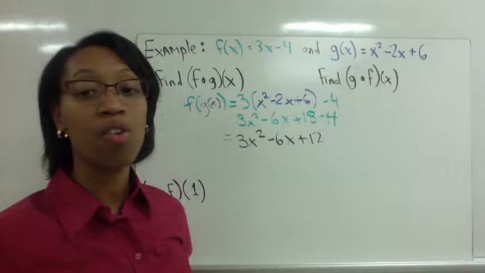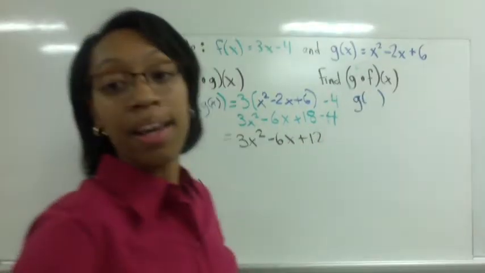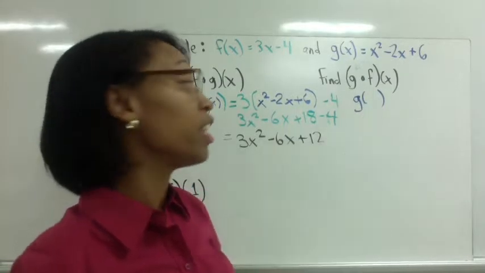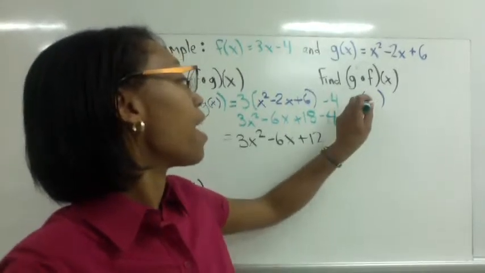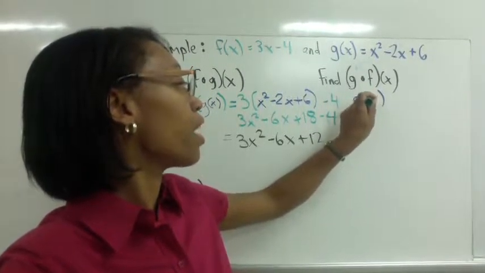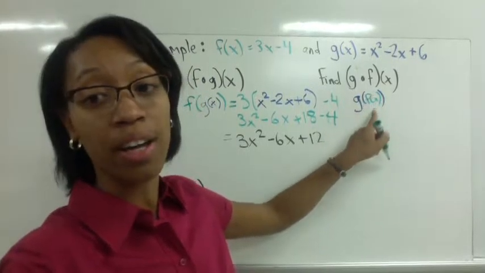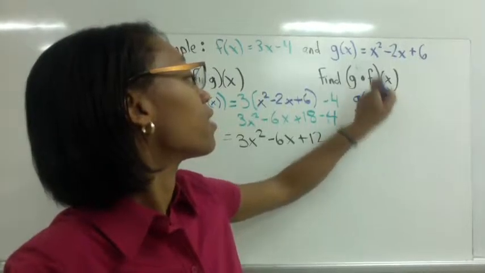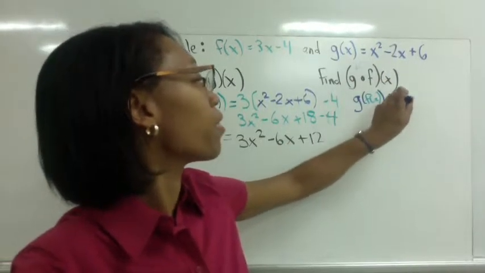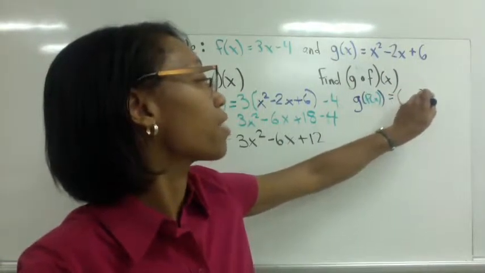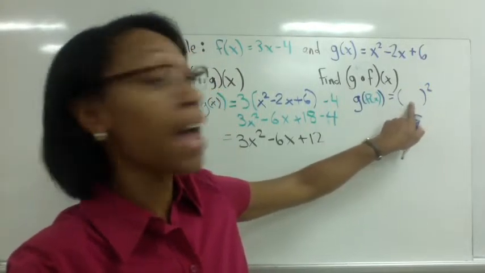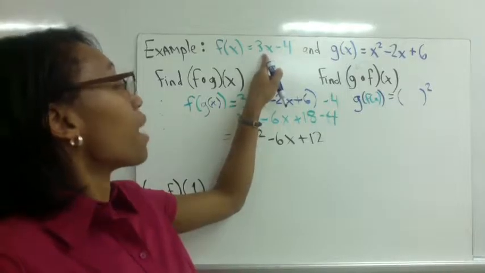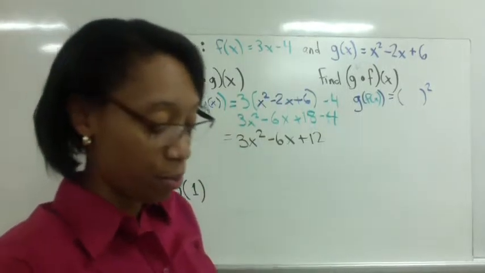All right, so I'm going to take my g function, and every time I get to an x inside of this g, I'm going to replace that x with the f of x function. Okay, so let's start writing out the g. The g has x squared. So instead of saying x squared, I'm going to put in what I have for x here. My f of x is 3x minus 4.